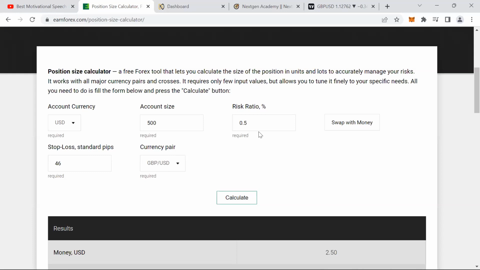Because trading is 90% emotional. All of us can get into the same trades, but the result of all of us will not be the same. Why? Because emotions will play out. So this is how you calculate and know exactly how much you are risking. That's how you know it.